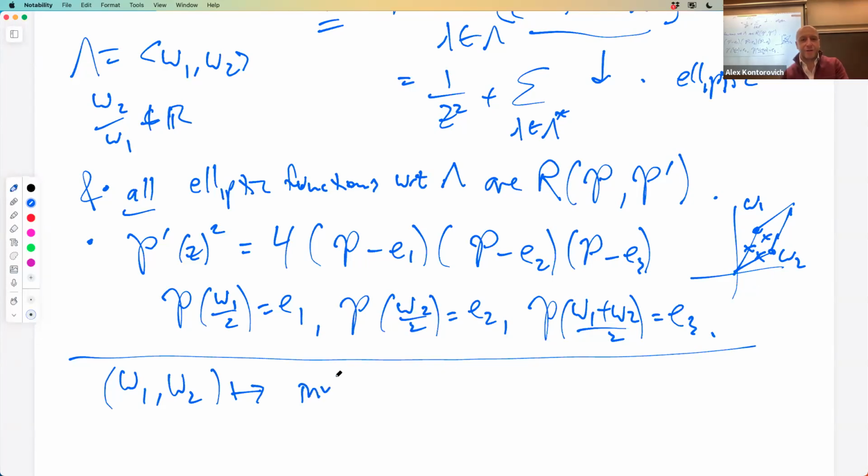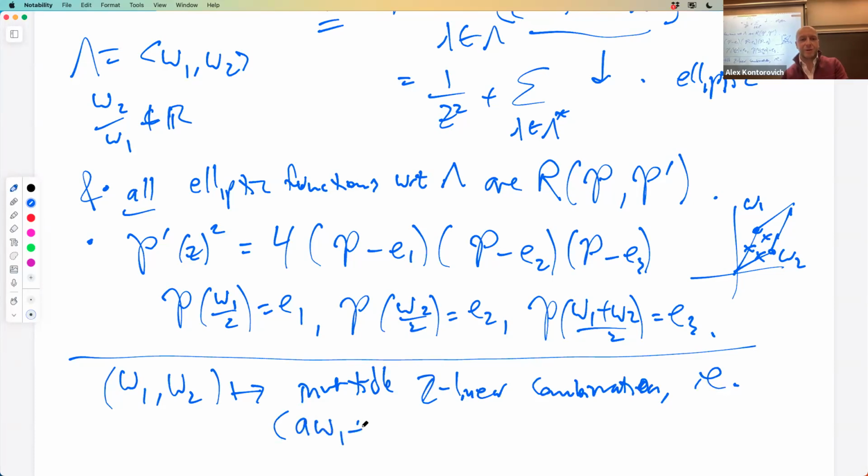Replaced by an invertible Z linear combination. In other words, let's be explicit here. Omega 1 is replaced by a omega 1 plus b omega 2, and omega 2 is replaced by c omega 1 plus d omega 2.